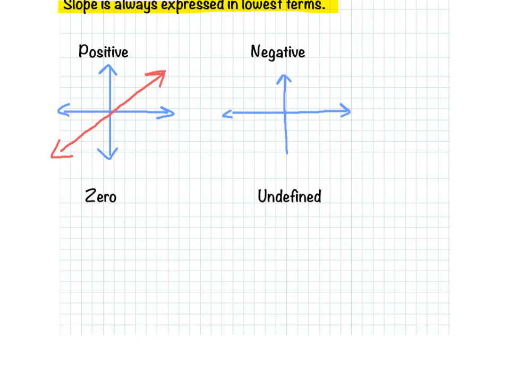If that line is going up from left to right, you know the slope is a positive number. On the other hand, if your line goes down from left to right, then your slope is negative.